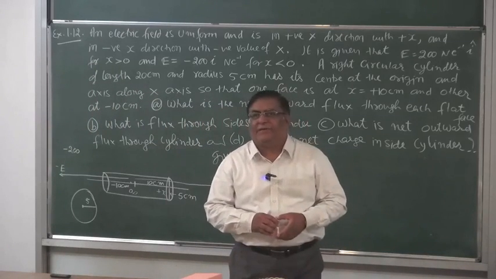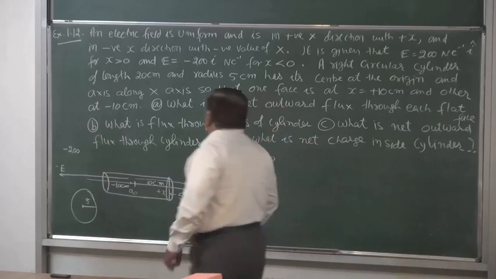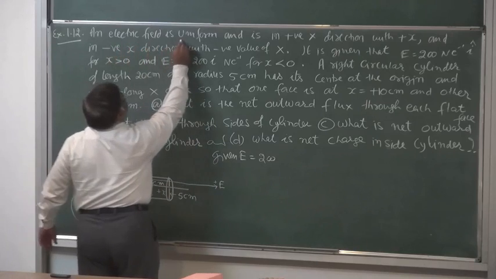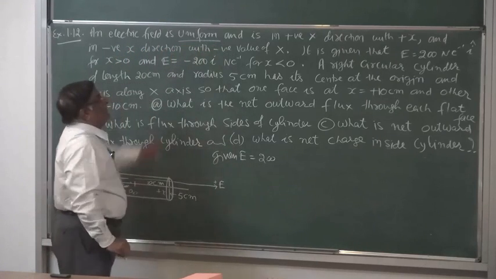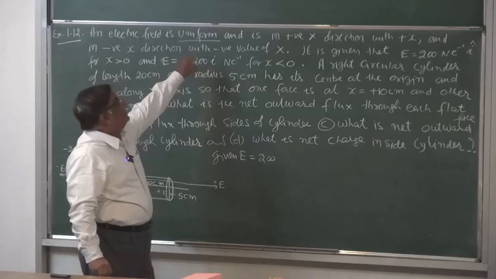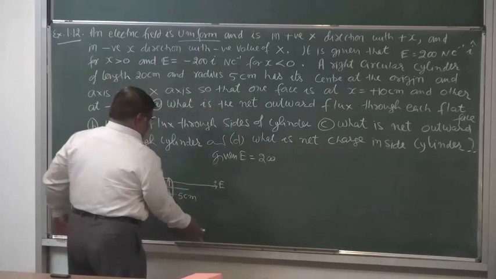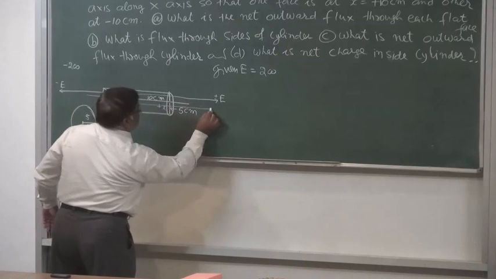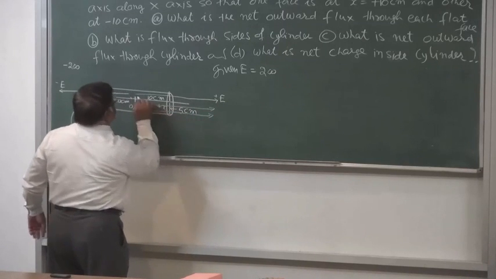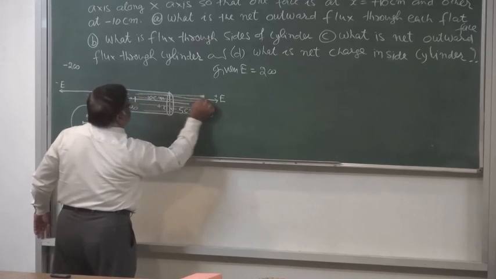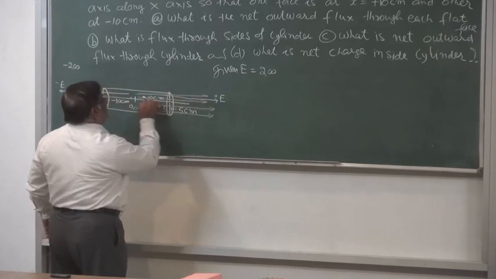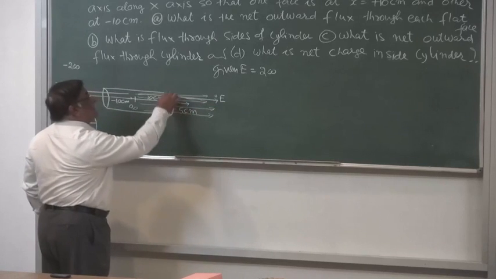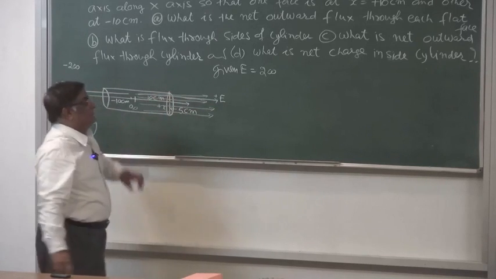The direction of E is given to us, and it is also given what is the nature of the electric field. Uniform. This is a uniform electric field in positive x direction. Now, how much is the flux through this face?